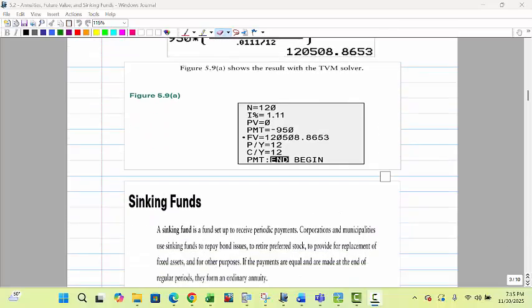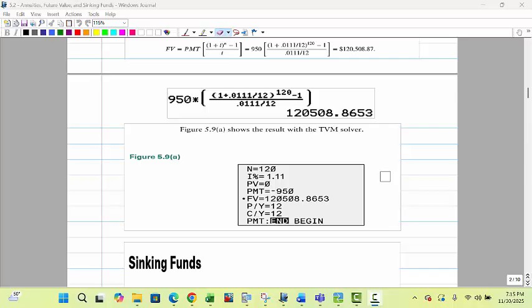So here it is. It's 120 for the N, 1.11 for the interest. Like I said, I'll probably do one here in just a minute with a new example, and certainly in the homework I will. One thing to note is that when you enter the interest in the TVM solver, you don't change it to a decimal like you do in the formula.